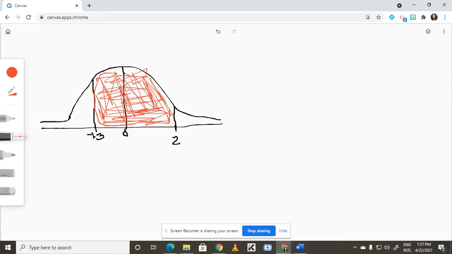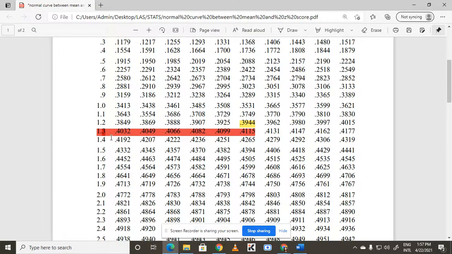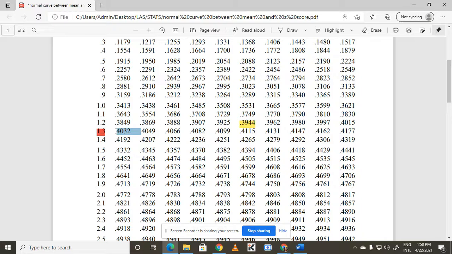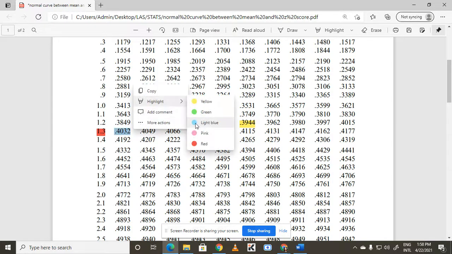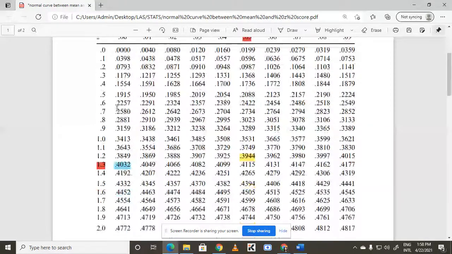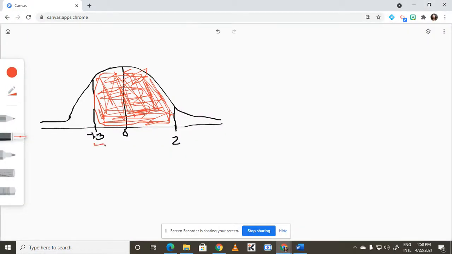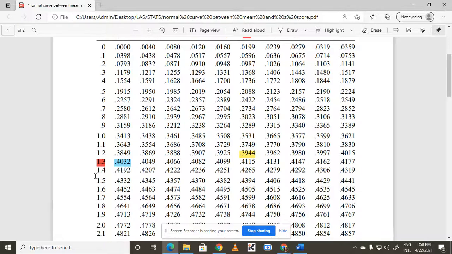When it is like this, guys, one negative and one positive, passing through the middle, between, we first get the value for negative 1.3. That is 0.4032, because 1.30 is this one. So the area from here to here is 0.4032. Then for the area from 0 to positive 2, let's look at 2 in the table.